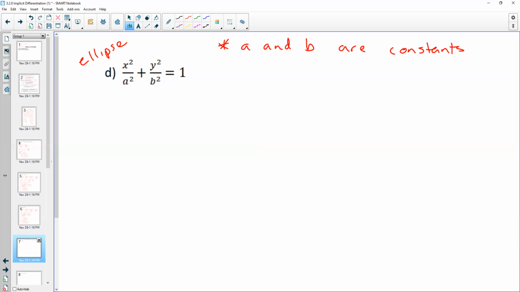So x squared over a squared, we can rewrite as 1 over a squared multiplied by x squared, plus 1 over b squared multiplied by y squared is equal to 1.